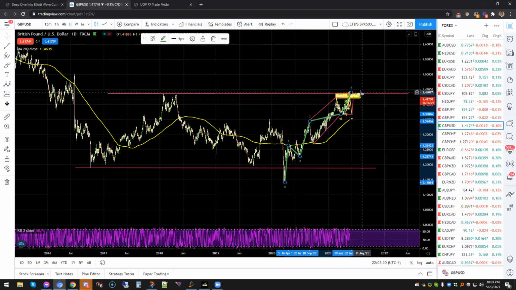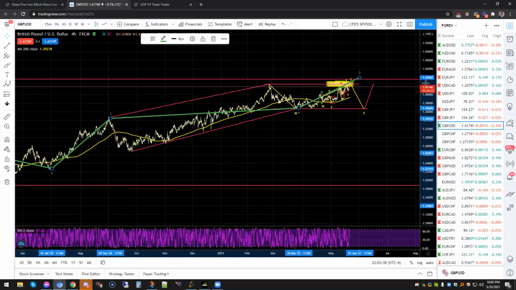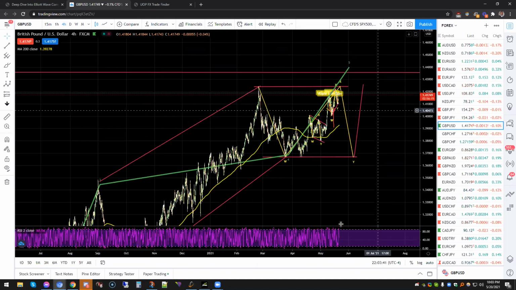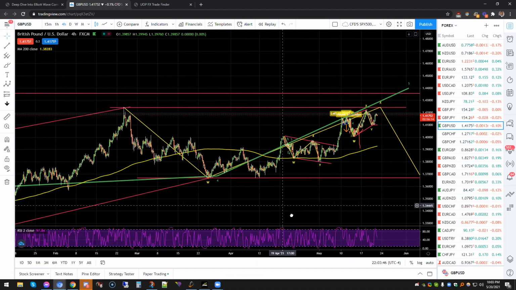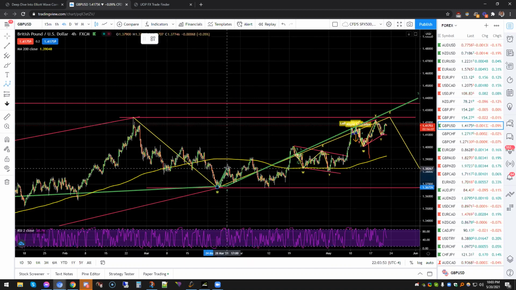And if this is going to be 5, this current wave that we're in, let me just go to a lower time frame. Right, so if this current wave that we're in is going to be 5, let me try to see if I can get 5 out of it. We got 1. This is 2. Did we break the low?